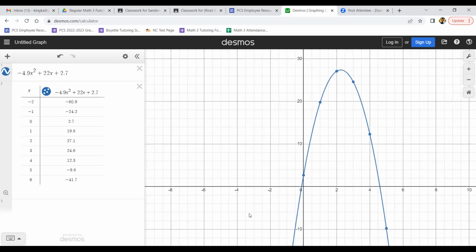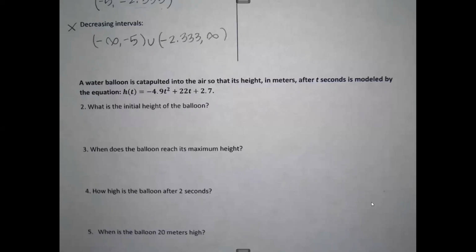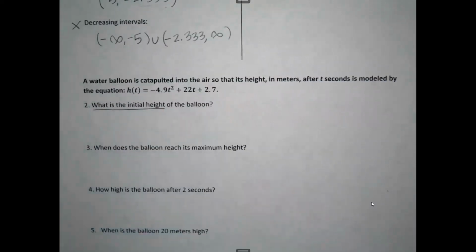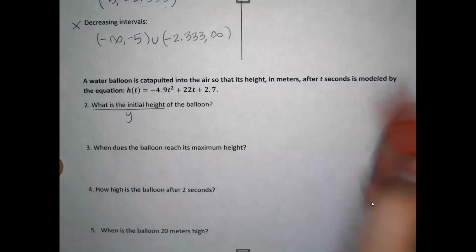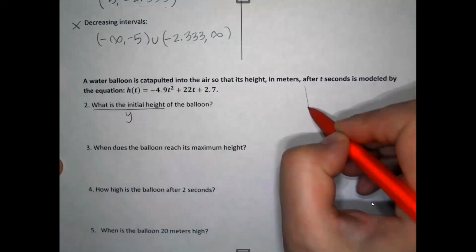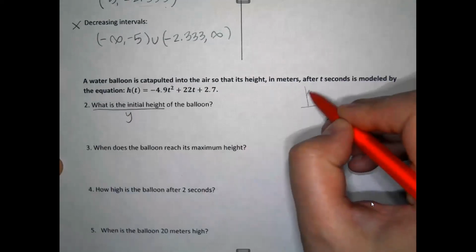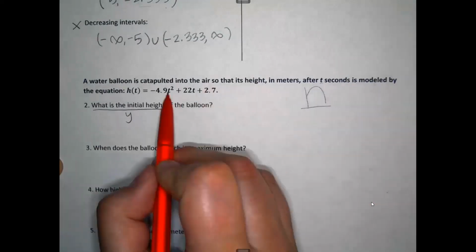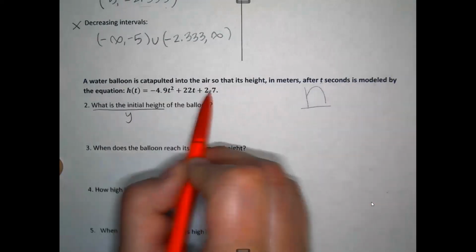First question says, what is the initial height? Are they asking for an x value or a y value? Y value. So if we remember about these questions, it goes up in the air, comes back down. T seconds, this is the t, so this is the x value.